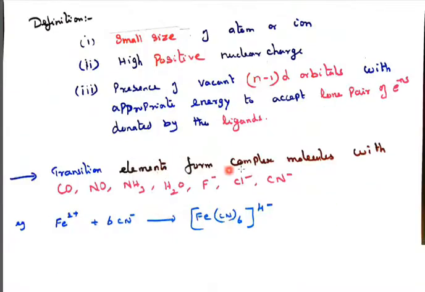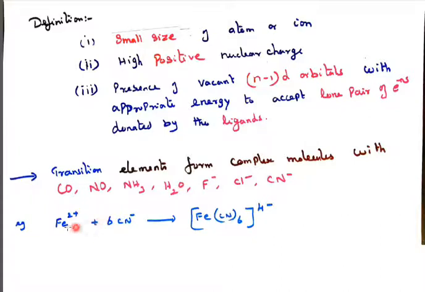Transition metals form complexes with molecules like carbonyl CO, nitrosyl NO, amine NH3, aqua H2O, and F minus fluorido, Cl minus chlorido, CN minus cyanido, etc. These are the ligand names, which I already explained in the coordination compound lesson. These molecules combine with the central metal and form a complex.